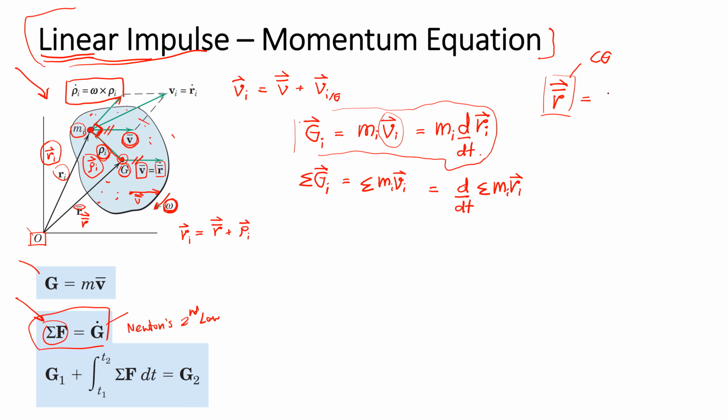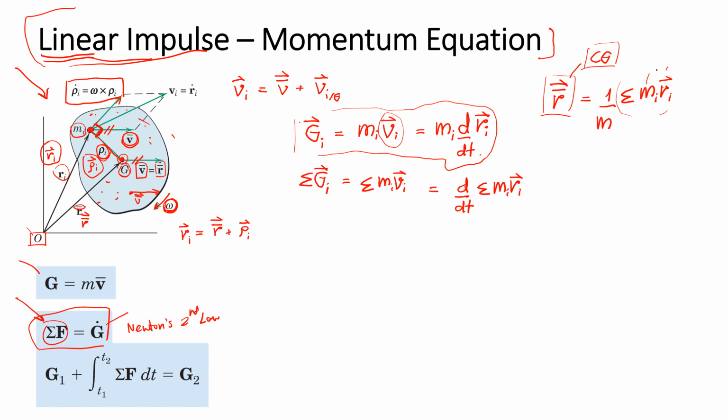This is equal to 1 per mass of summation mi ri. The position of the center of gravity is equal to the summation of small mass multiplied by the position vector.